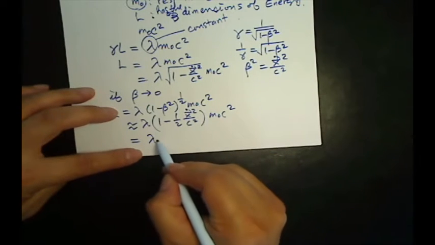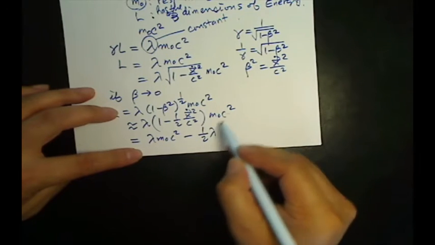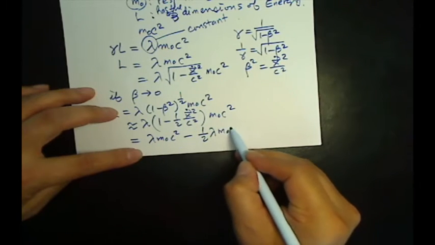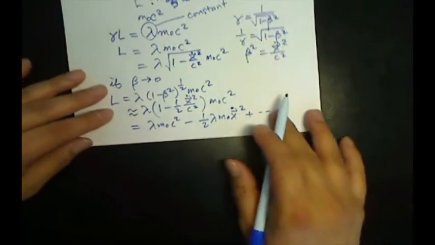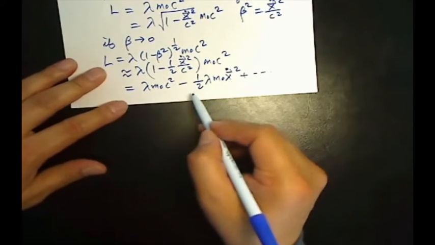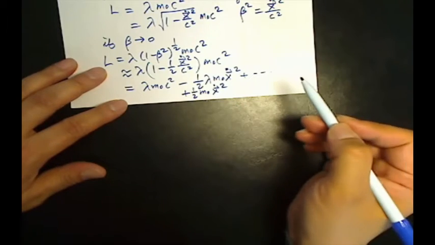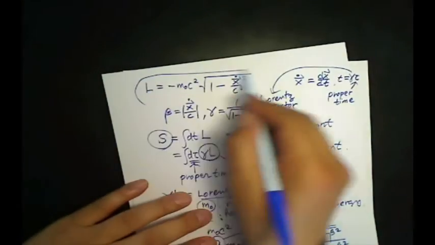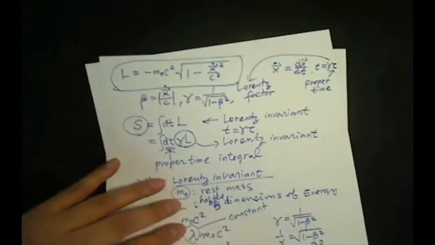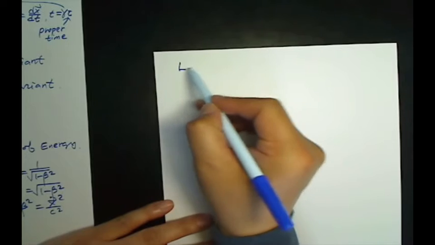This is lambda m0c squared minus one half lambda m0 x dot squared, the c squared cancelling. The non-relativistic free particle Lagrangian is one half m0 x dot squared. Aha, so lambda equals minus 1. Therefore, this is the correct expression for the relativistic Lagrangian for a free particle.